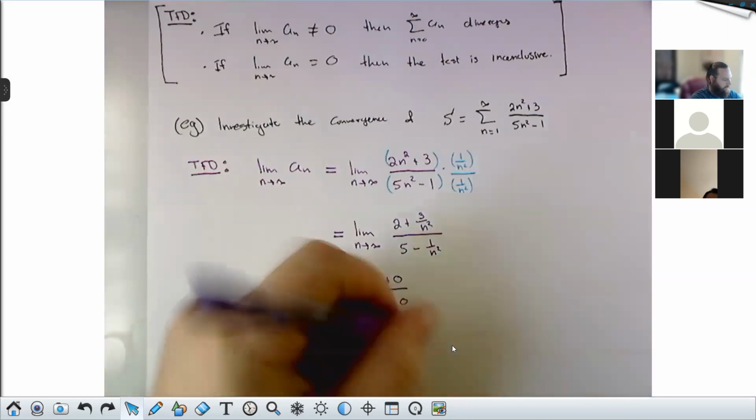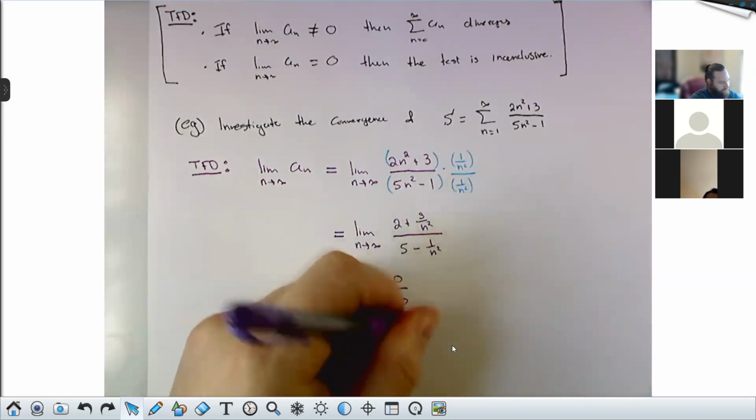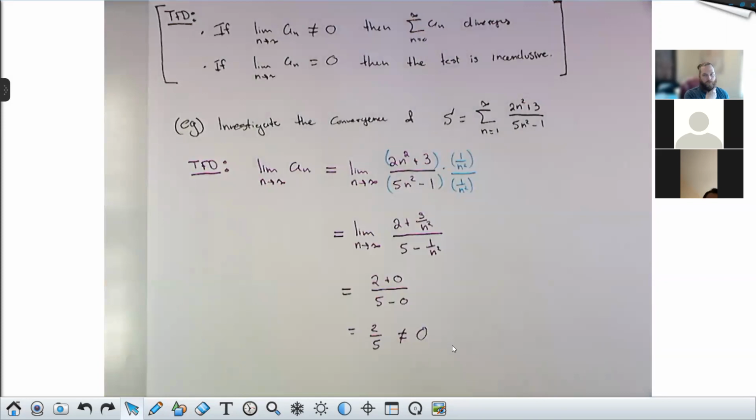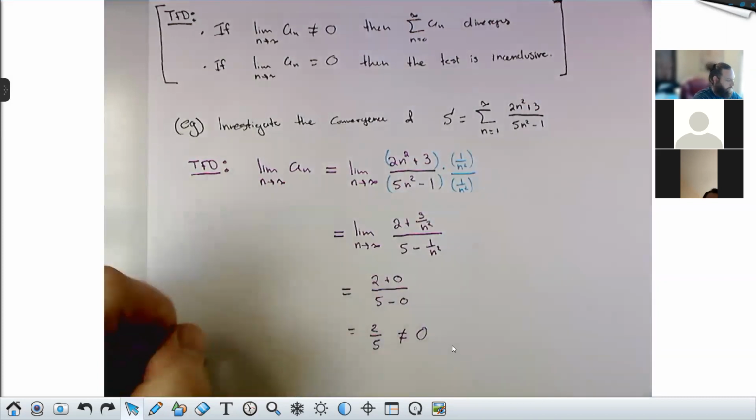And 2/5 is not equal to 0. So what can we conclude? Very good. The series diverges.